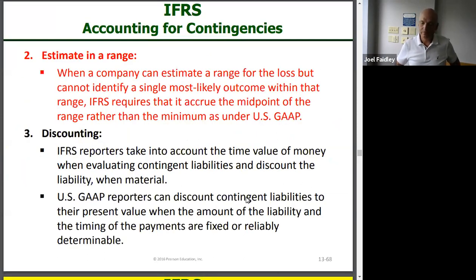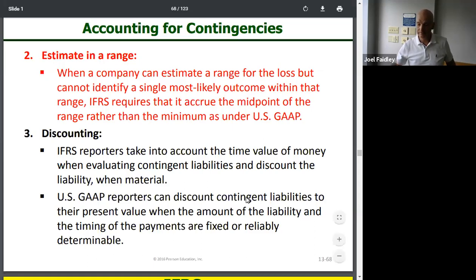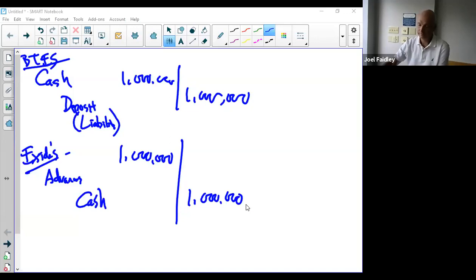Here's a great example. And this is under IFRS, but let me talk about this both with IFRS and with GAAP. What if you have something that's probable and you've got an estimate that is a range? And that happens a lot. Let me see if I can get my little notepad up here again. There it is.